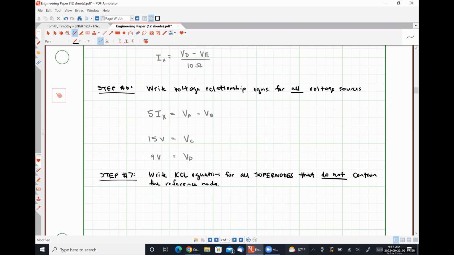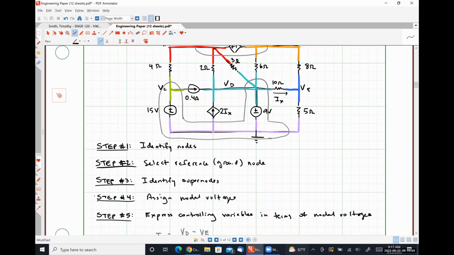Okay. So this is where writing KCL equations for most voltage sources comes into play. Okay.